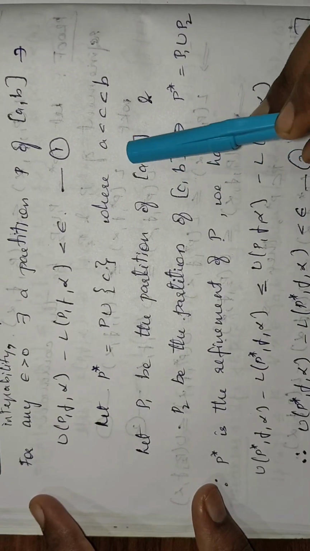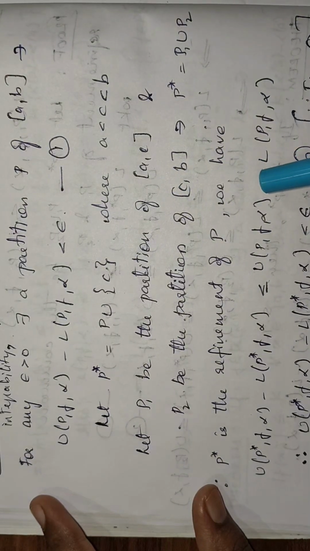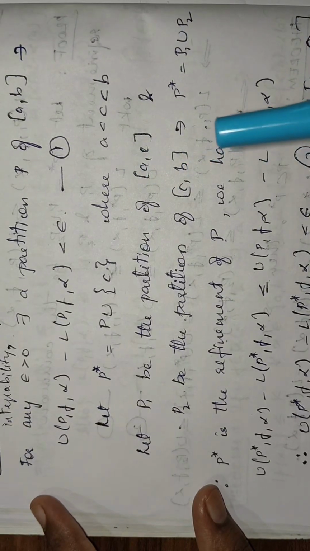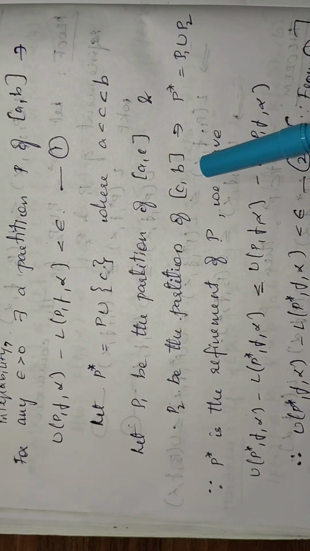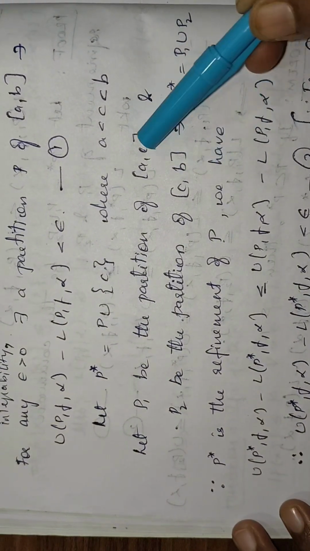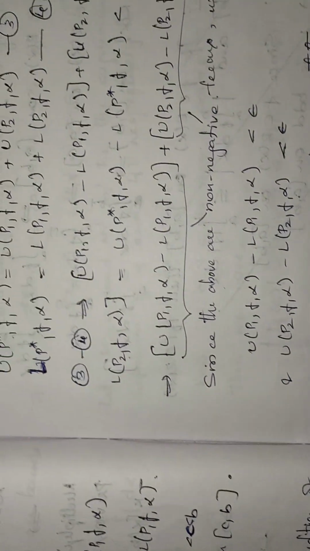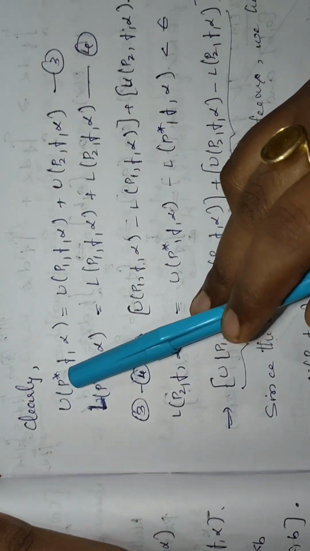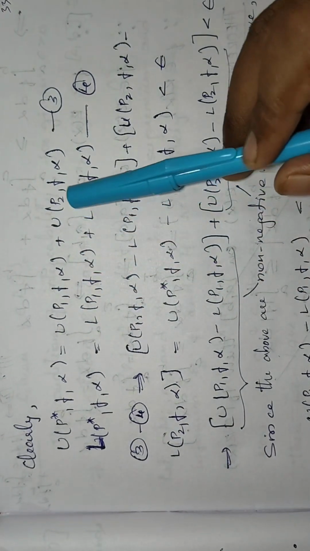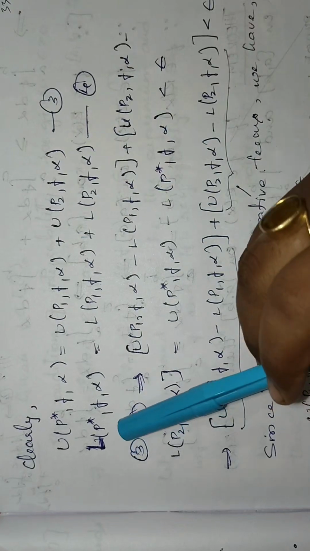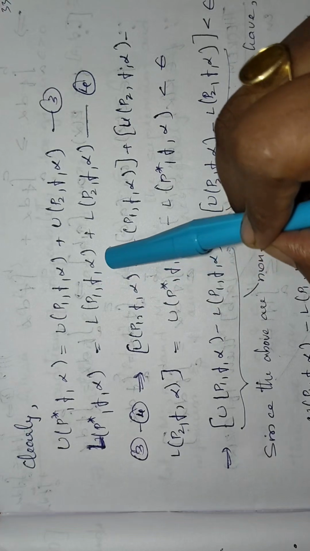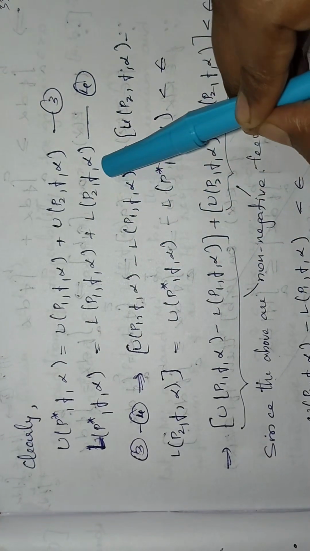Since c is closed in both the intervals, the union of these two will be the closed interval a comma b. You can check this by taking any numbers instead of a, b, c. At last you will get U of P star comma f comma alpha equal to U of P1 comma f comma alpha plus U of P2 comma f comma alpha. Similarly, L of P star comma f comma alpha is equal to L of P1 comma f comma alpha plus L of P2 comma f comma alpha.